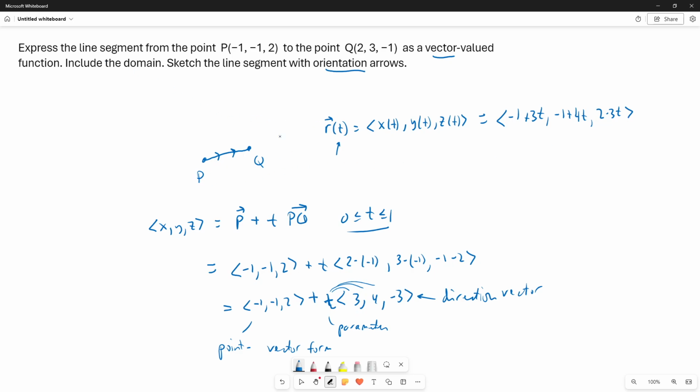So here we're expressing the segment as a vector valued function. We call it R of t for the radial vector of any point on the segment. The segment is, here's the origin, there's the segment, there's P, there's Q, and we're thinking of the points as being vectors emanating from the origin, and we're thinking about the terminal point of the vector.